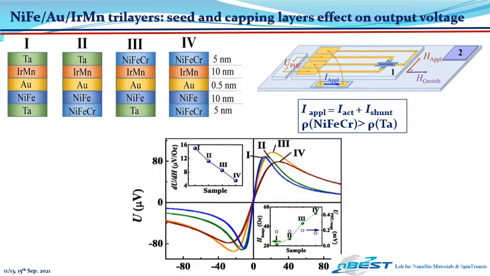To show the effect of changing the seed and capping layer from tantalum to nickel iron chromium on the output voltage profile for the Planar Hall effect, it shows a difference in the output voltage, and this difference is attributed to the change in the active current value, where the applied current is distributed into two currents: the active current passing through the nickel iron as a ferromagnetic layer, and the shunt current passing through the other layers, where the resistivity of the nickel iron is higher than the resistivity of the tantalum.